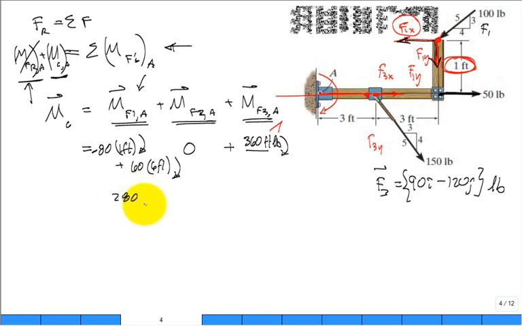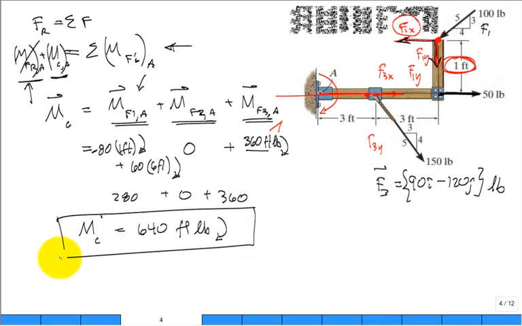Okay, so we have 280, and then we had plus 0, plus 360, 640 foot-pounds in the clockwise, and that is our resultant couple system, or just put the couple moment that needs to be applied at the point A. But that's even redundant because it's a free vector. There it is. There's the answer.